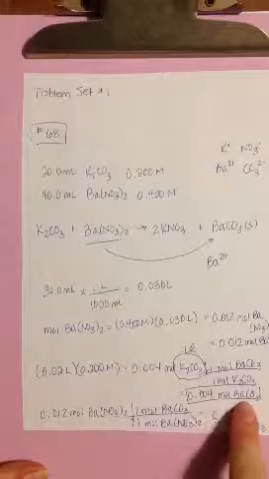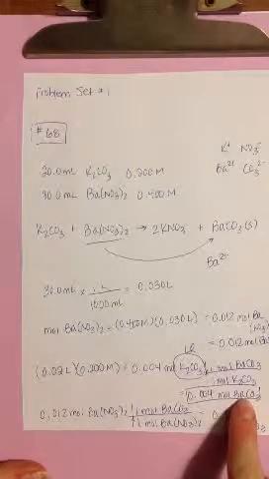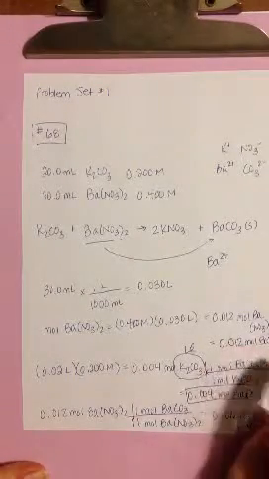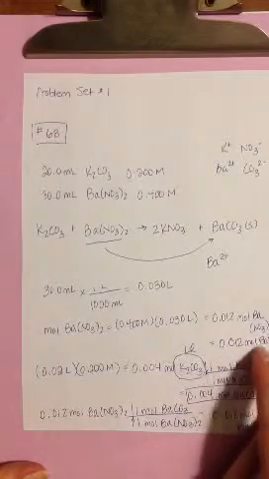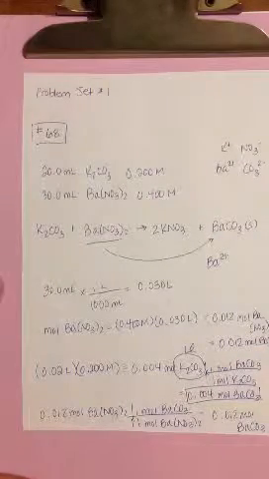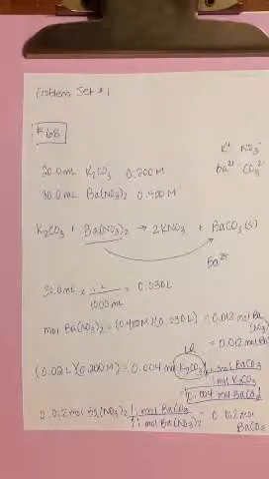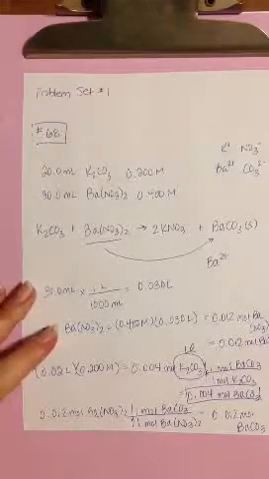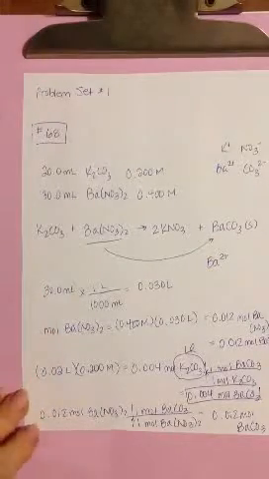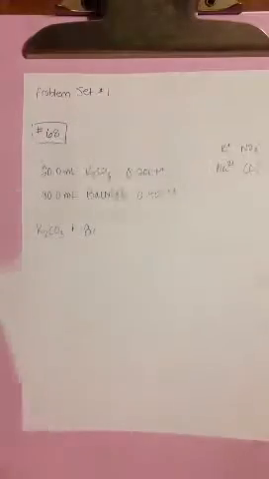This many moles of barium are in barium carbonate, but I know I initially started with this many moles of barium. So if I simply subtract, that will tell me how much barium is in solution. So I'm going to slip an extra piece of paper in here.